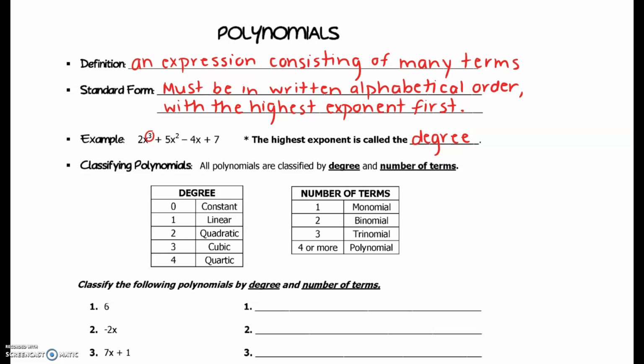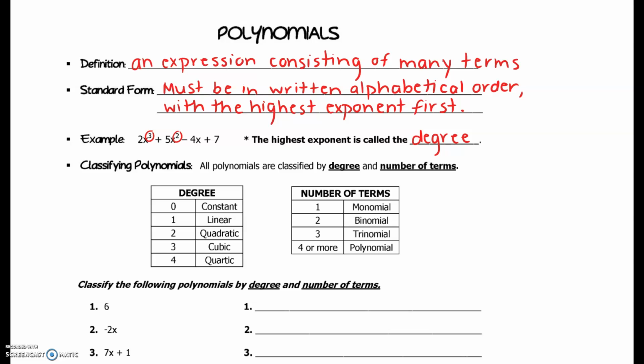You have a degree of 3, 2, and then there's technically a 1 here, and when there's no variable, technically the exponent would be a 0. So as you notice, you have 3, 2, 1, 0 in decreasing order. You do not write the 1, you do not write the 0. That would be technically incorrect. So without seeing the 1 and the 0, you can know that they do exist there.